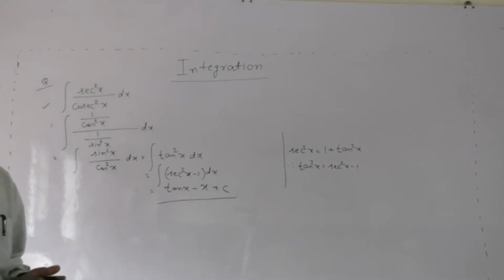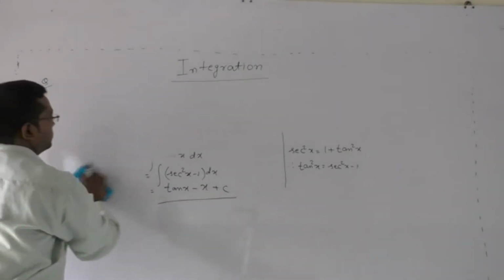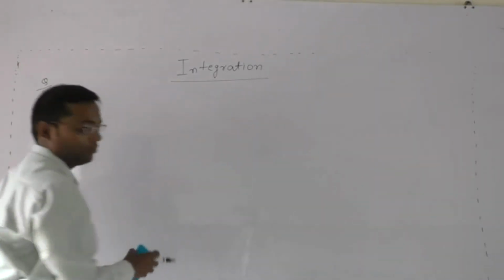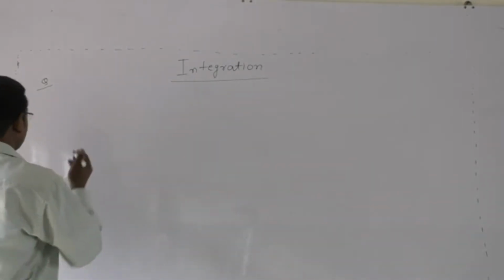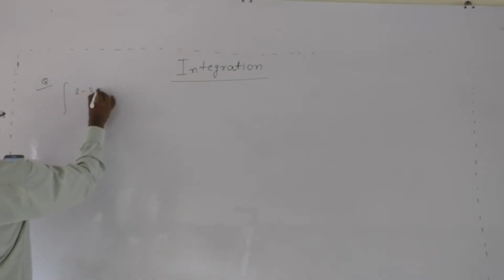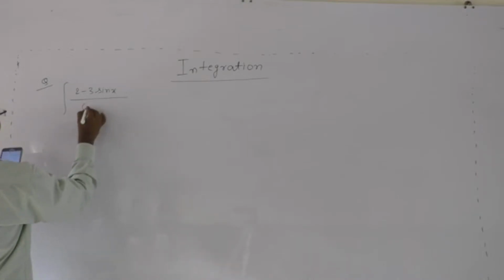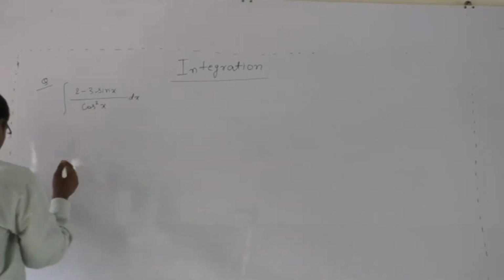Let's see the next question. The question is: integrate (2 minus 3 sin x) divided by cos square x dx.